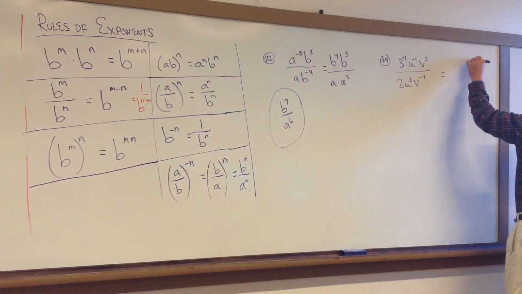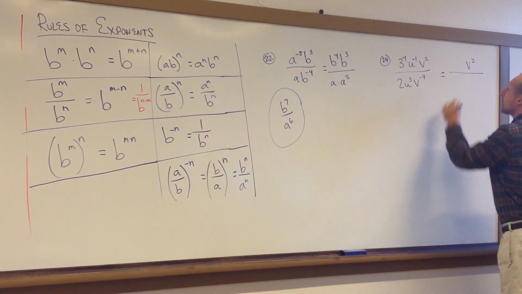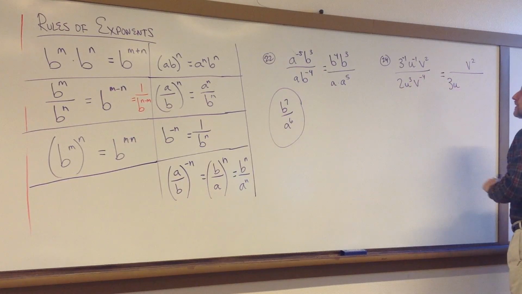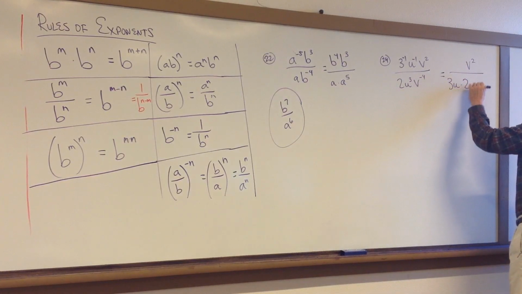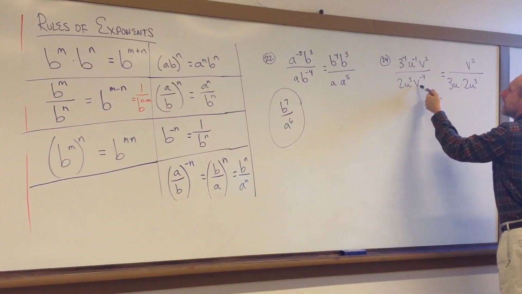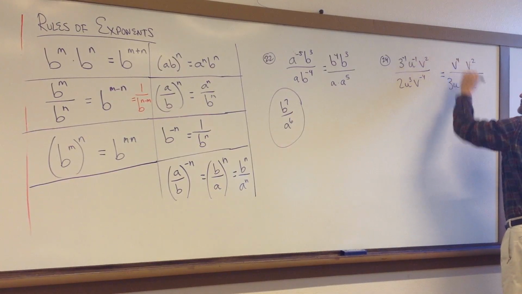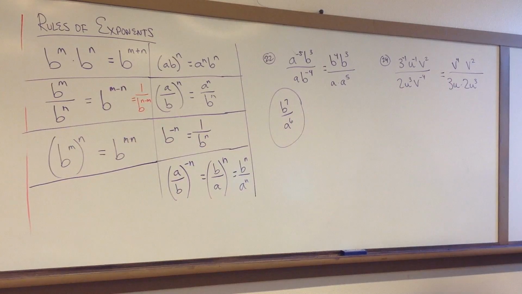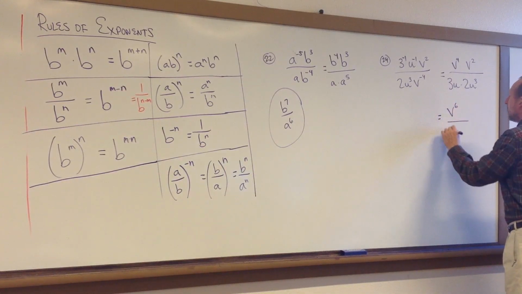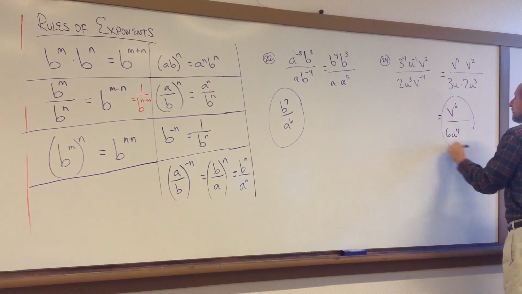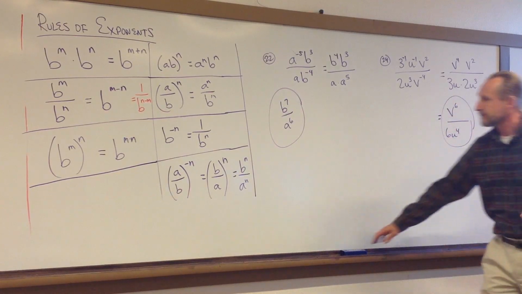So the v squared is going to stay where it is. The 3 and the u go to the bottom, along with the 2u to the third, stay where they are, and then that v to the minus fourth moves up on top as v to the positive fourth. And there we go, v to the sixth on top, 6u to the fourth on the bottom, and we're done.